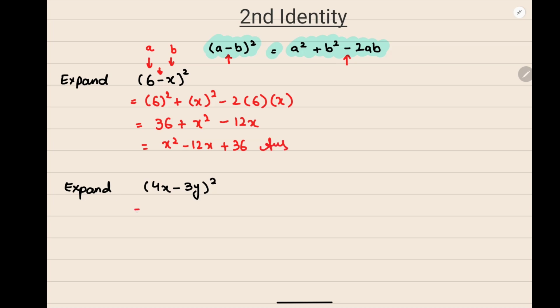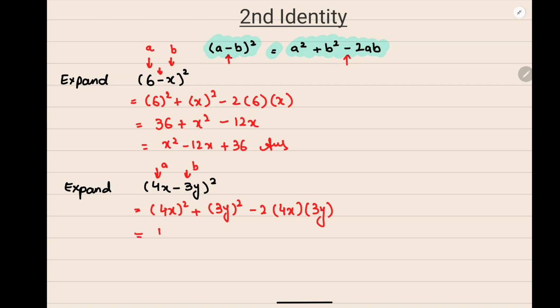Now, for the second question, my a is 4x and my b is 3y. So a squared plus b squared minus 2ab, where a is 4x and b is 3y.